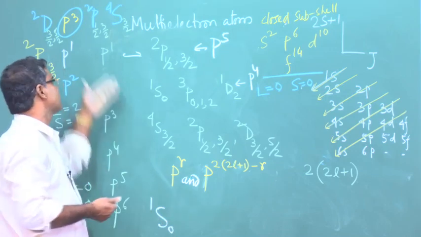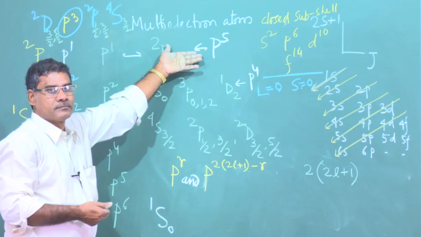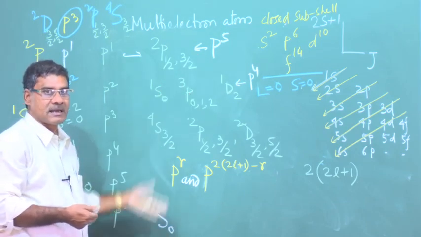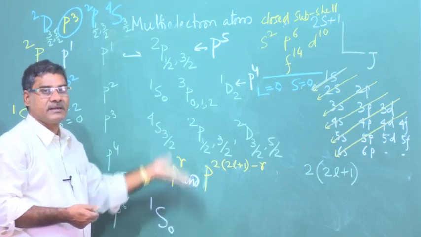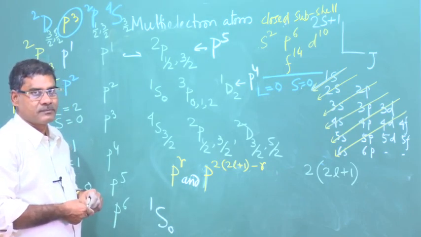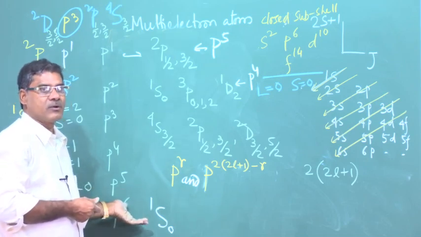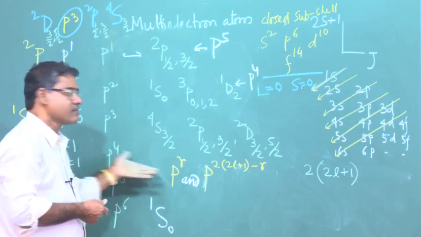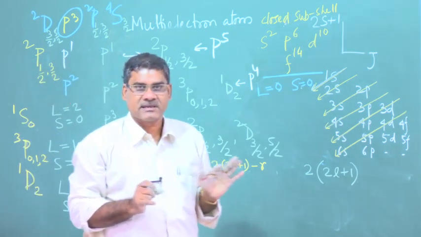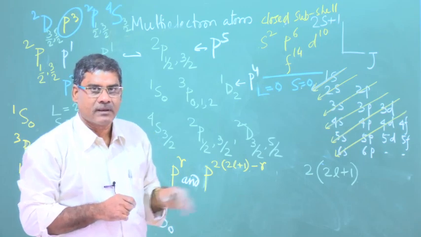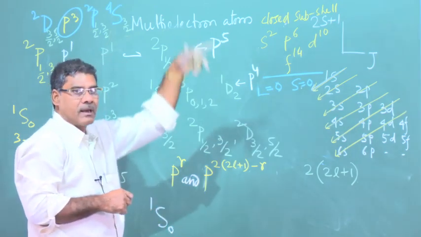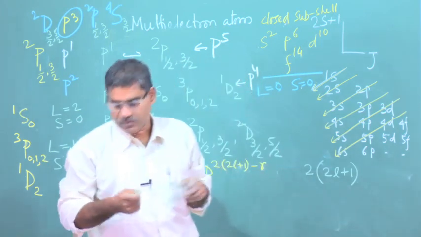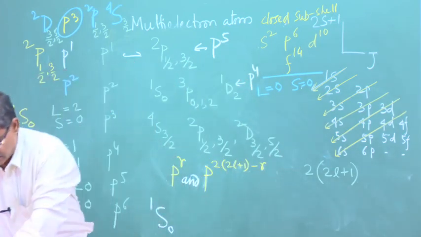D9 will be the same as D1, D8 the same as D2, D7 the same as D3, D6 the same as D4, and then D5. So this is your homework, you can try to calculate the way I have calculated, or there are other methods people use.